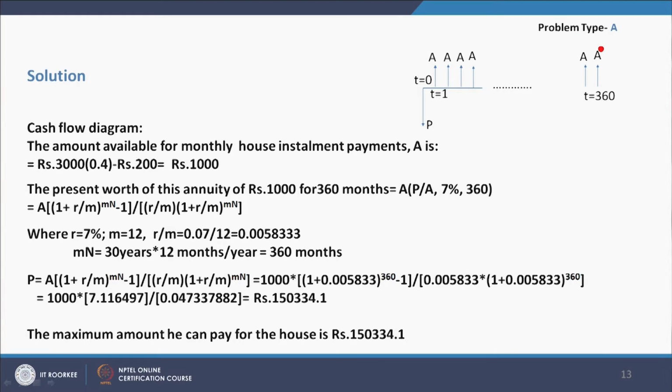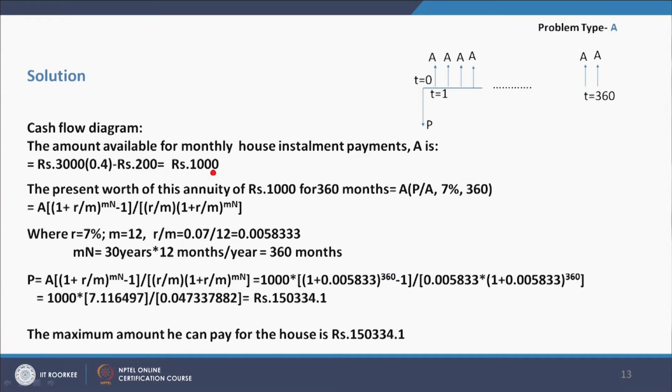Here in the timeline, from t equal to 1, the person is able to pay rupees A, and at t equal to 2, t equal to 3, t equal to 4, up to t equal to 360, he is able to pay rupees A. Now, let us see how much he can pay, which is equal to amount A. The amount available for monthly house installment payment A is rupees 3,000 into 0.4, which is 40% of 3,000, minus the 200 he is paying in property tax.